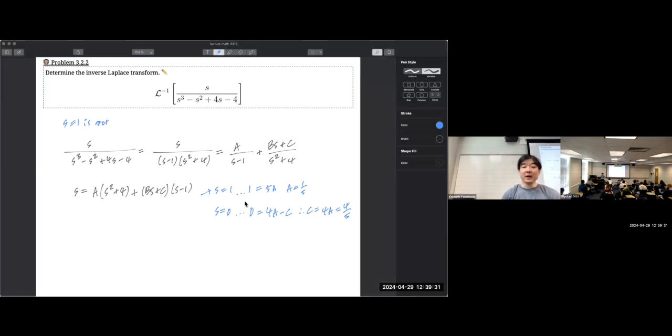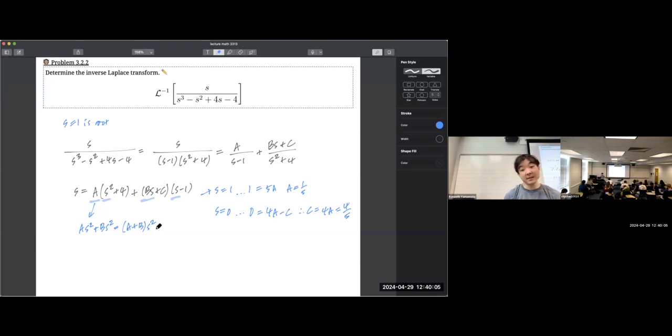For the b, a common thing to do is look at the leading coefficient. If you multiply this a with this s squared, and this bs with this s, those are your s squared coefficients. So you'll have a s squared plus b s squared, which is just a plus b times s squared. But if you look at the left-hand side, there are no s squared terms.